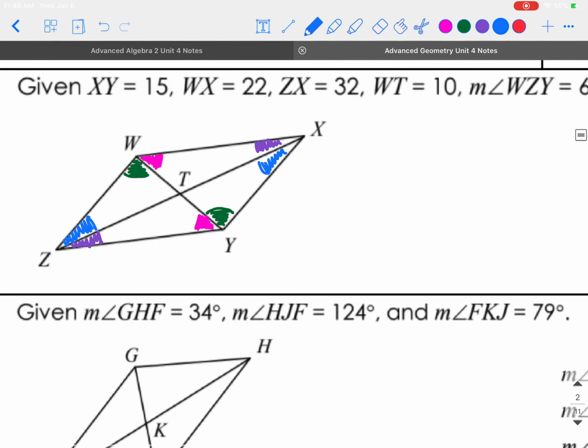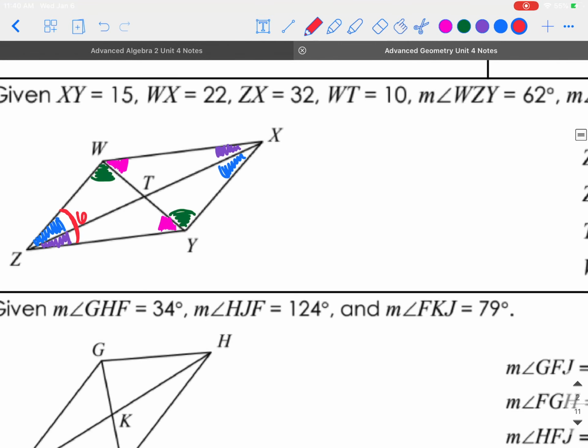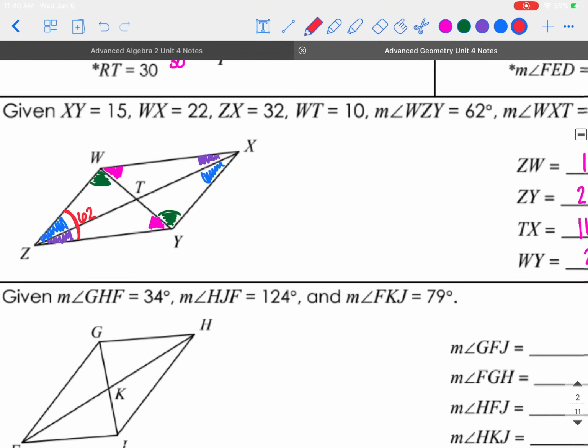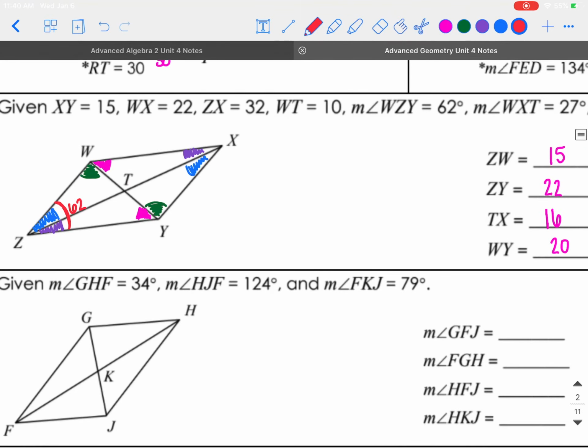Okay, so first thing it tells us is that this entire angle WZY is 62. So that entire angle is 62. Angle WXT is 27, which means that over here is also 27.